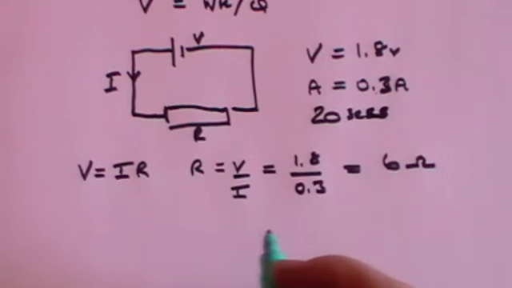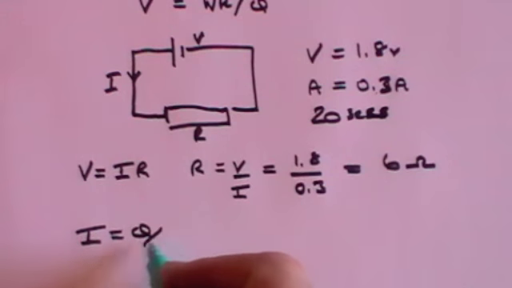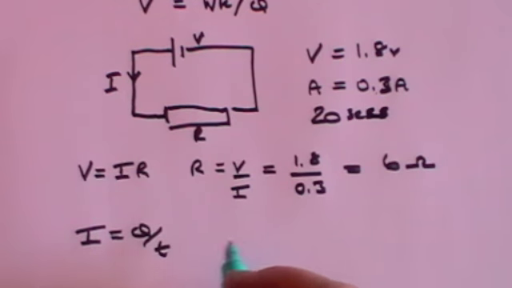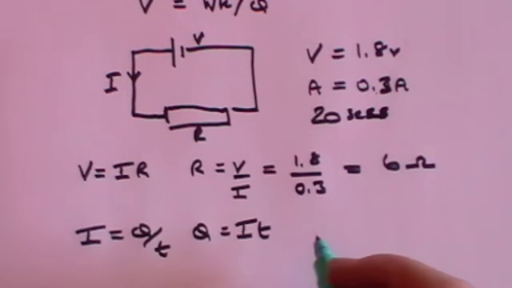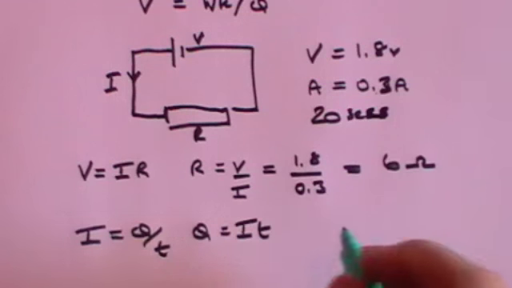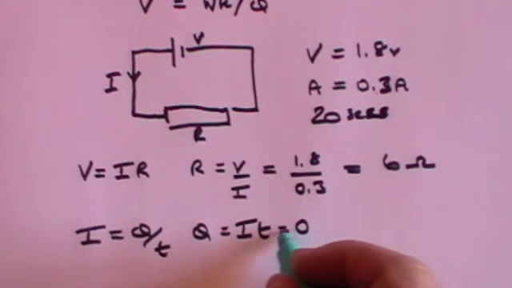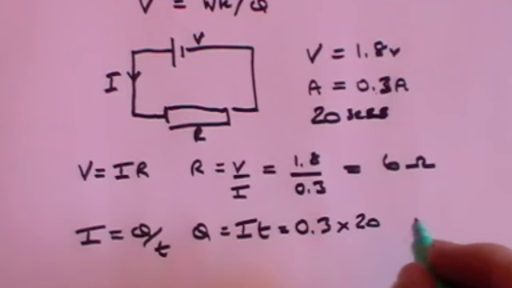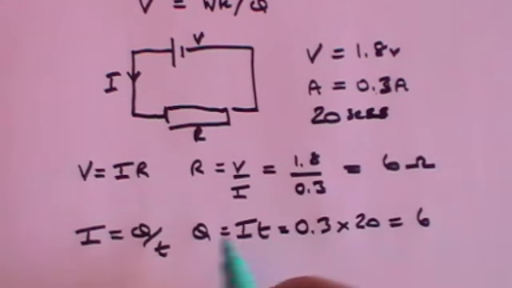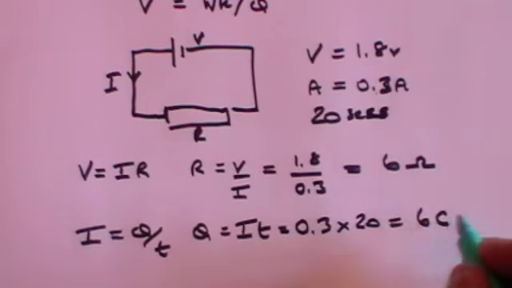Well, now I'm going to need the equation I equals Q over T, which means that Q is equal to I times T. So the charge is equal to the current, which is 0.3 amps, times the time, which is 20 seconds, and seconds is okay, and 0.3 times 20 is 6, and it's the charge we're calculating, so that will be 6 coulombs. So 6 coulombs of charge passes through the resistance in 20 seconds.